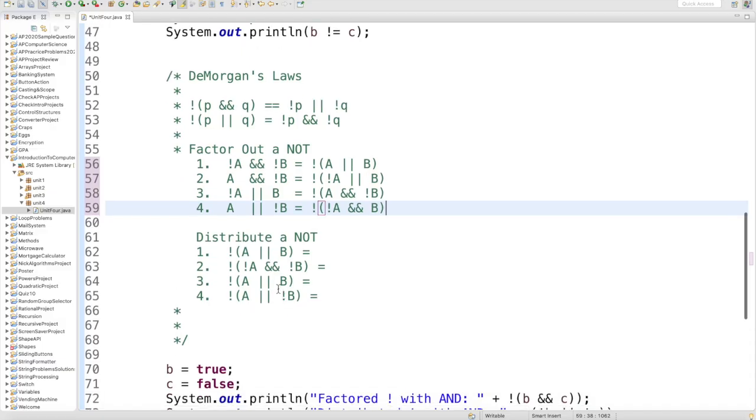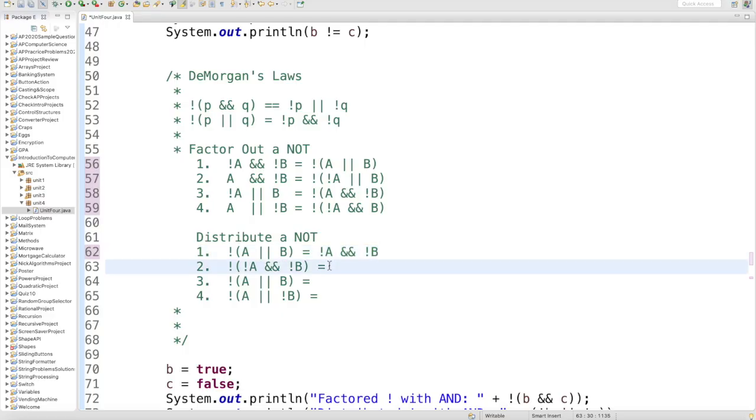Now we have another set here to distribute a not. So now I'm going the other way. Distribute this not should get me not A and not B. Distribute a not here.